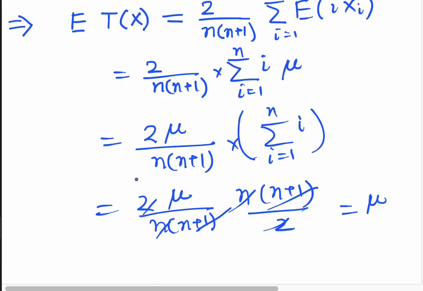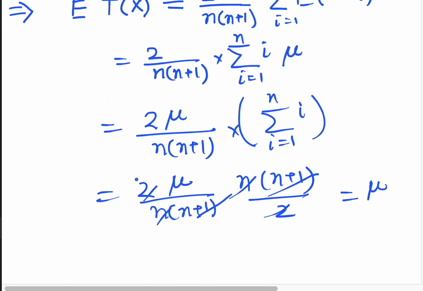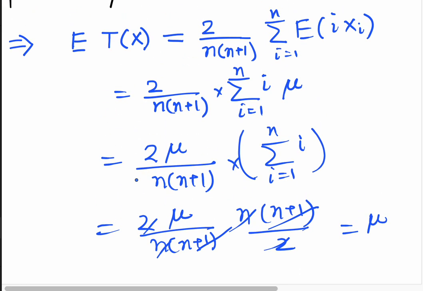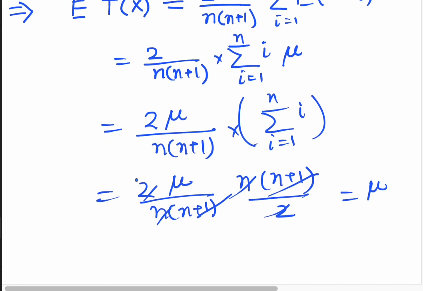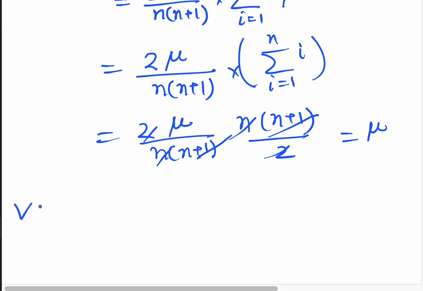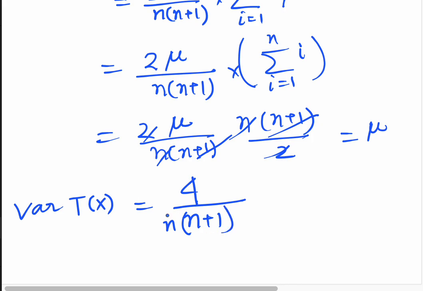Now let's check whether it is consistent or not. To check its consistency, we have to show that the variance of T(X) goes to 0 as n tends to infinity. So the variance of T(X) will become 4 by n plus 1 whole square, times the summation of i square times the variance of Xi.